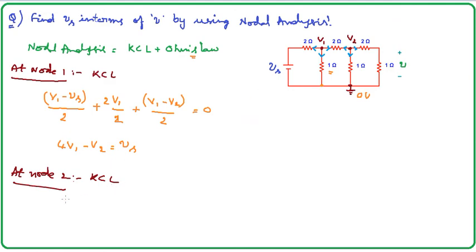So simply, first, V2 minus V1 divided by 2, for this branch. Now I am considering this branch. So this is V2 divided by 1 plus V2 divided by, so the total resistance is 2 ohm and 1 ohm here, so it will be V2 divided by 3, is equal to 0.